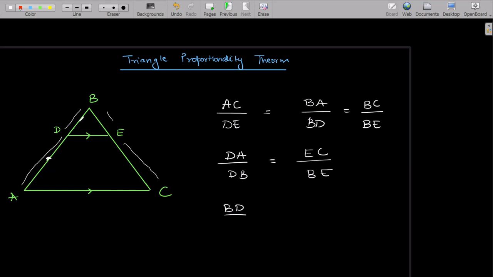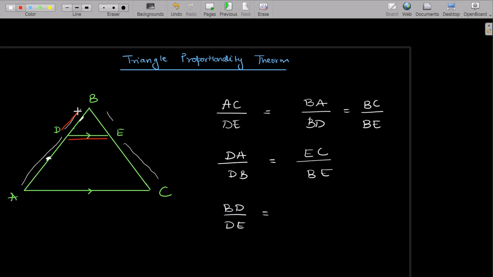Then you will also take BD over DE. So I'm taking this one and this one. BD over DE will be equal to, can you guess? Now take the longer one.